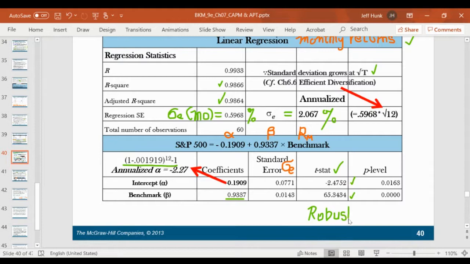Robust regression results, right? It's not frivolous, right?